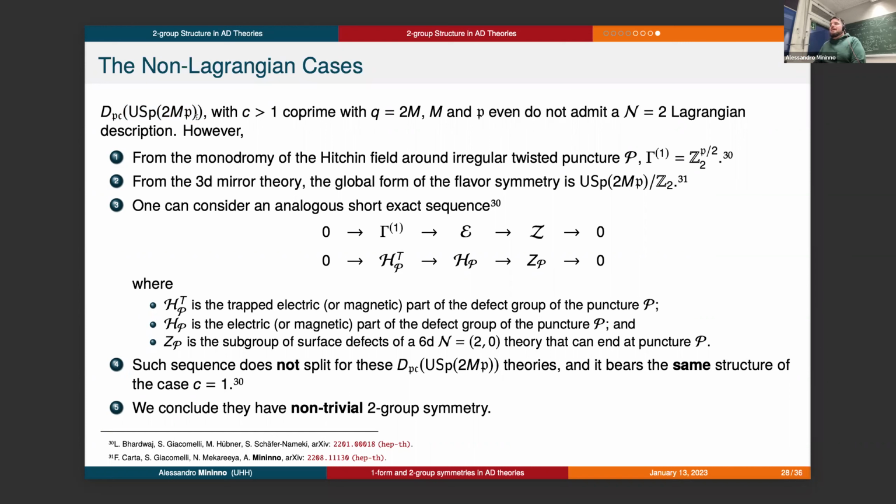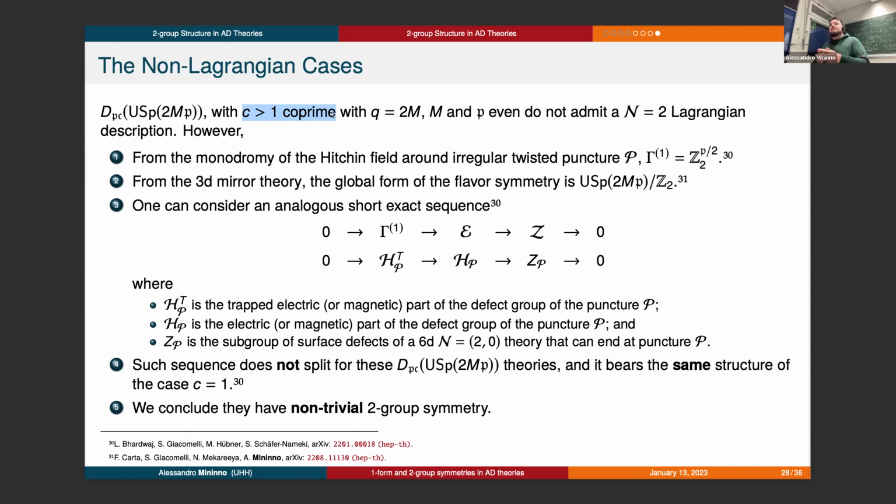And now that we have defined that the motivation for the two-group structure comes from a relation between a family of theories with the same value of P and M, but different coefficients C, we thought that maybe there was some hidden, more complex structure than just classifying the two-group structure.